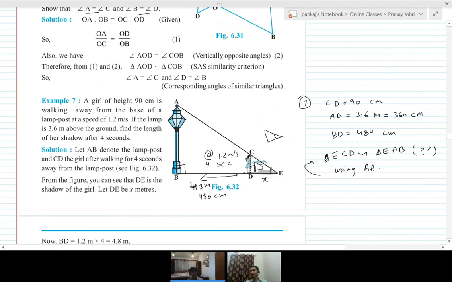AC by CE is equal to BD by DE. But are we given AE or CE?